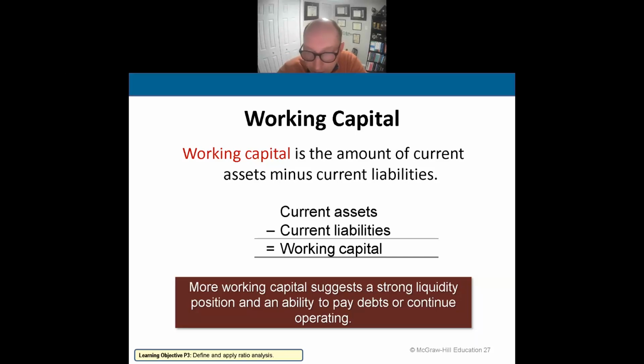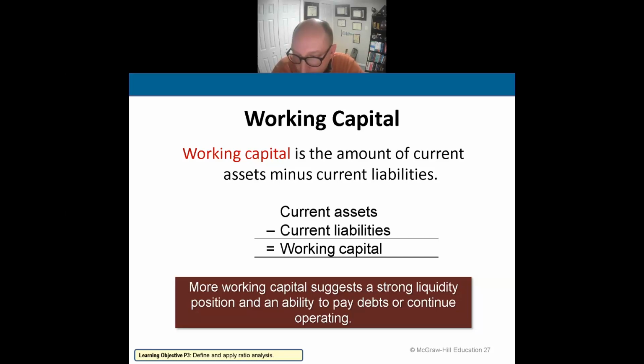As you may recall, current assets are assets that we use within 12 months or less. The word current in accounting means 12 months or less. So current assets, those are assets I will use within 12 months or less.